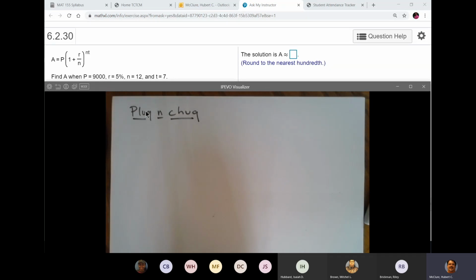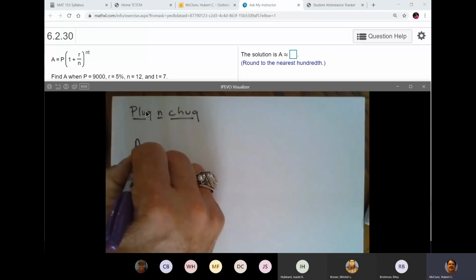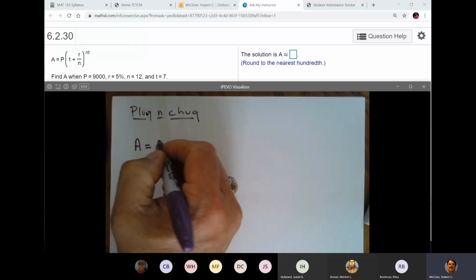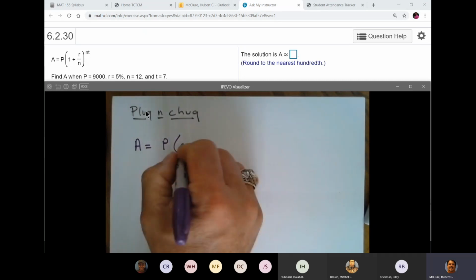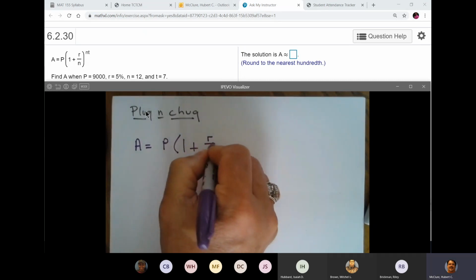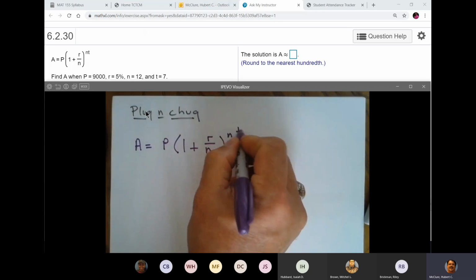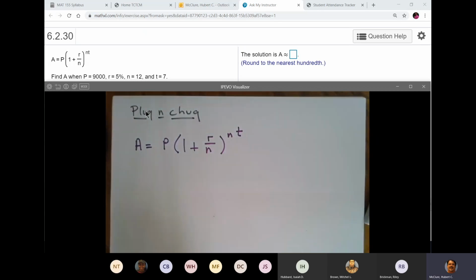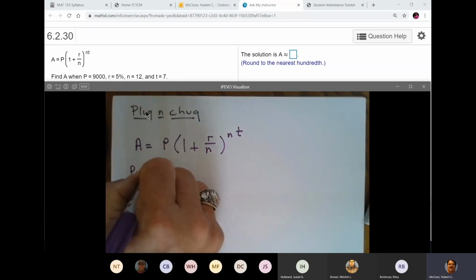So this is a plug and chug. A is equal to P times 1 plus R over N, raised to the NT power. And they give us P is equal to 9,000.